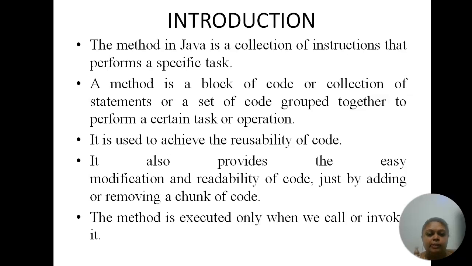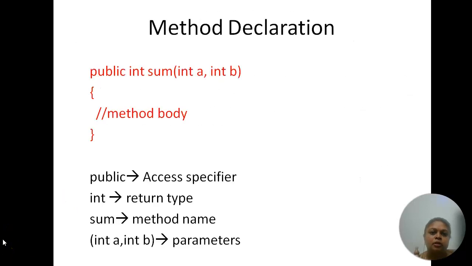The method will be executed only when we call the method or when we invoke the method. How to declare a method? This is the syntax for declaring a method: public int sum(int a, int b) followed by open parenthesis, then the method body.